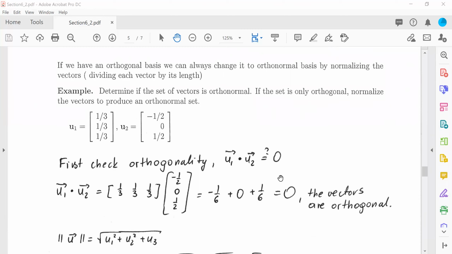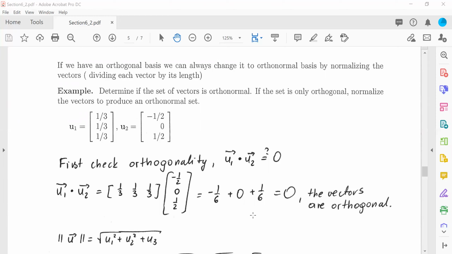Now, if we have an orthogonal basis, we can always change it to orthonormal by normalizing the vectors. That means dividing each vector by its length. So we have examples. Determine if the set of vectors is orthonormal. If the set is only orthogonal, normalize it, so rescale the vectors to produce an orthonormal set.